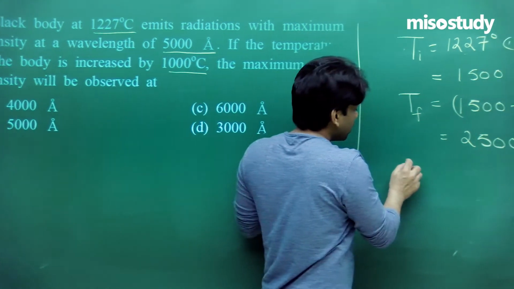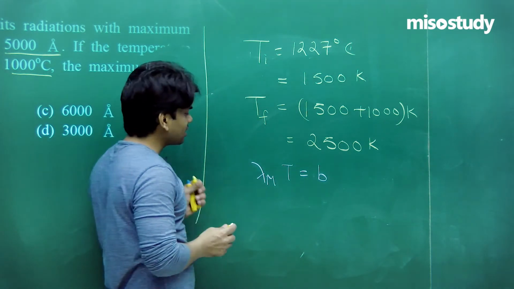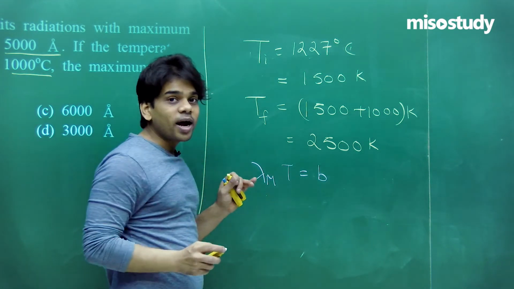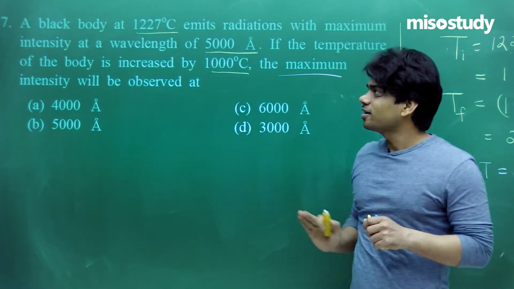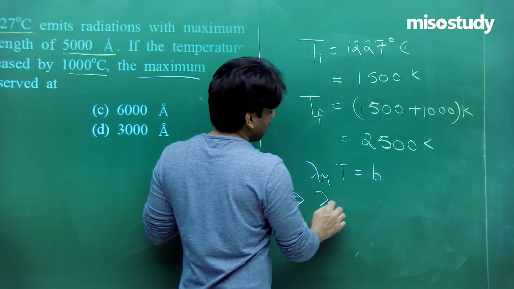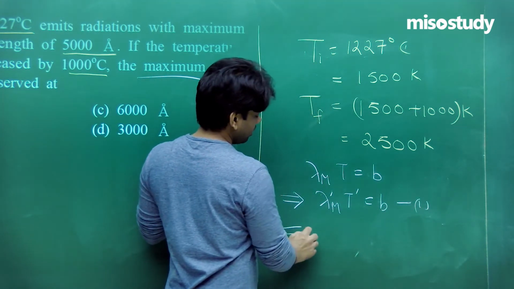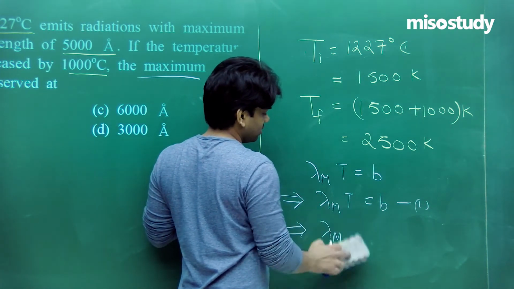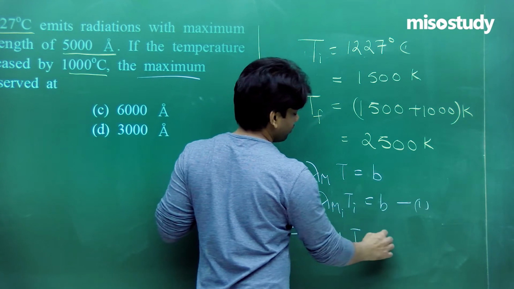If we use lambda m into T is equal to constant, this we know from Wien's displacement law, and we have discussed it. So it will be lambda m into T equal to b. Now we are required to find the value of lambda at which the maximum intensity will be observed when the temperature is raised by 1000 degrees Celsius. So for the initial, lambda initial into temperature initial is equal to b, and finally the required lambda m into final temperature is equal to b.